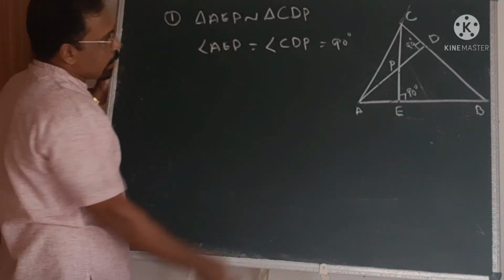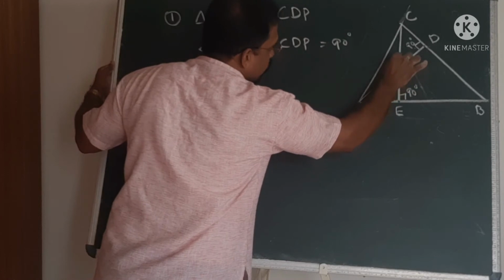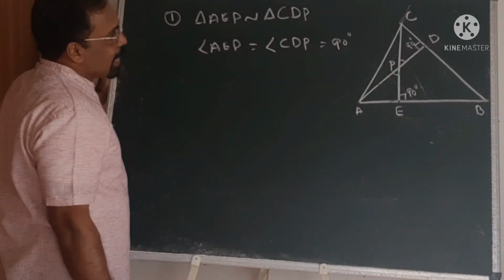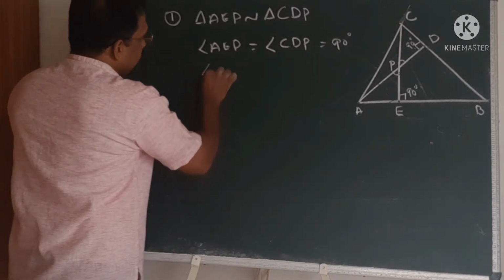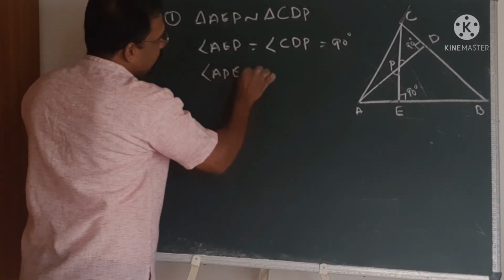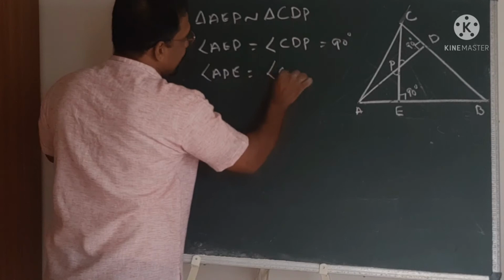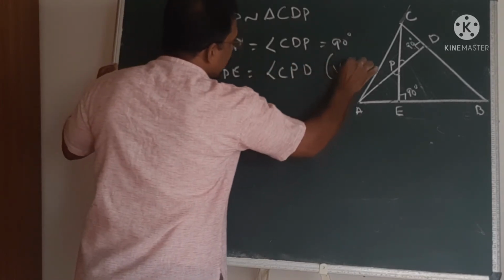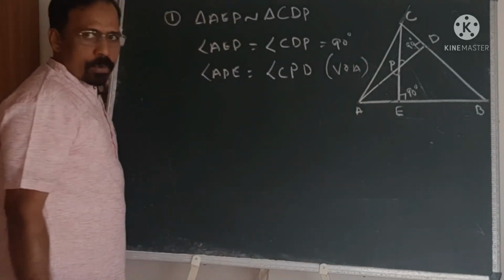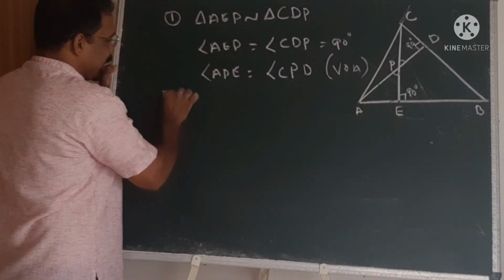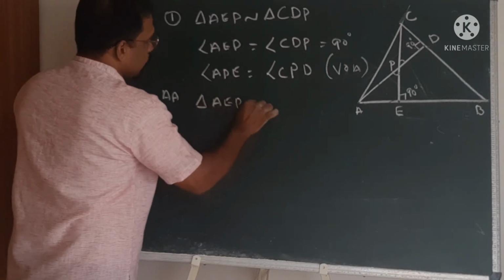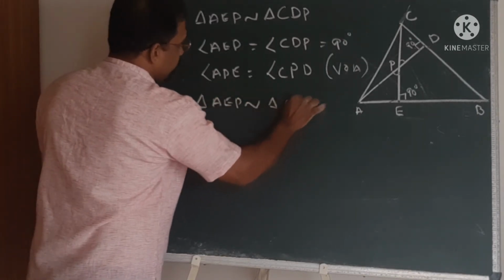The second angles are these two angles. You see these two angles, they are vertically opposite angles. That is angle APE is equal to angle CPD. They are vertically opposite angles. Therefore, according to AA criteria, we can say that triangle AEP is similar to triangle CDP.